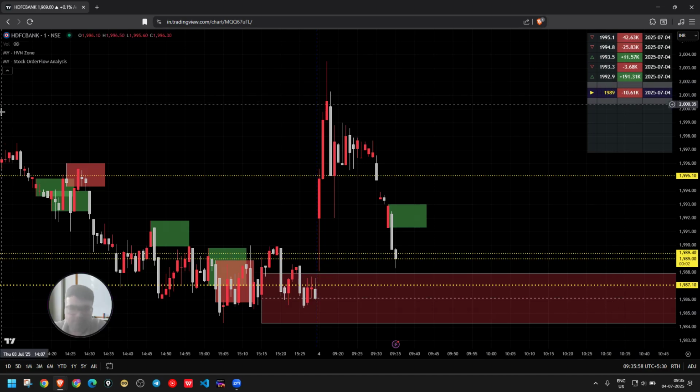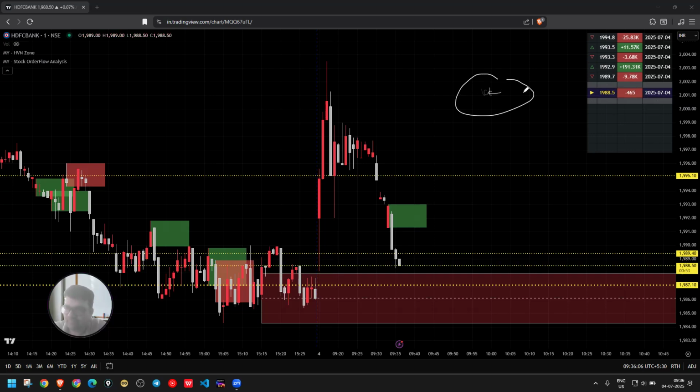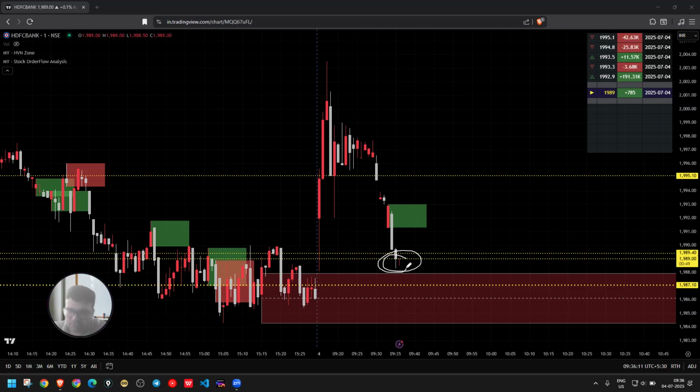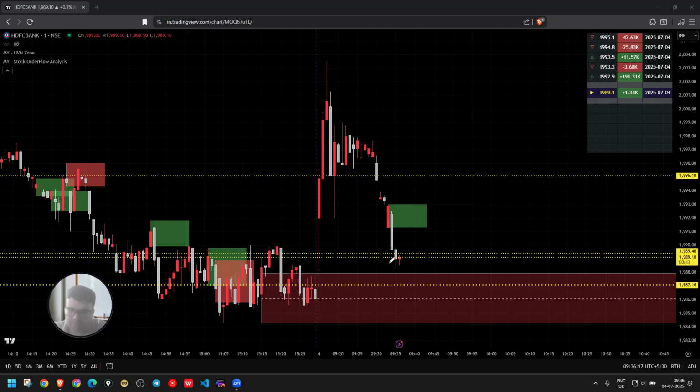So delta is increasing and it got absorbed, right? Minus 10K. Yep. So never ever short. This is where buyers have now stepped in, that minus 10K, all the selling pressure has been absorbed.